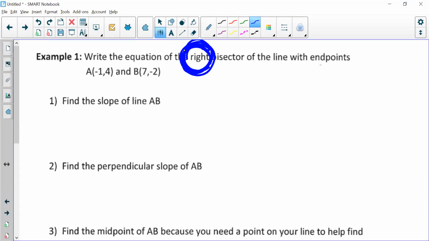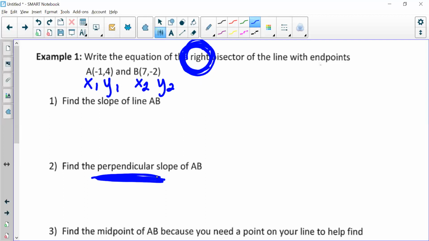Perpendicular lines have what kind of slopes? 90-degree. Yep. Which means negative reciprocals. So the first thing I'm going to do is find the slope of line AB and then turn it into the negative reciprocal so that I can make it a right bisector, a perpendicular bisector.